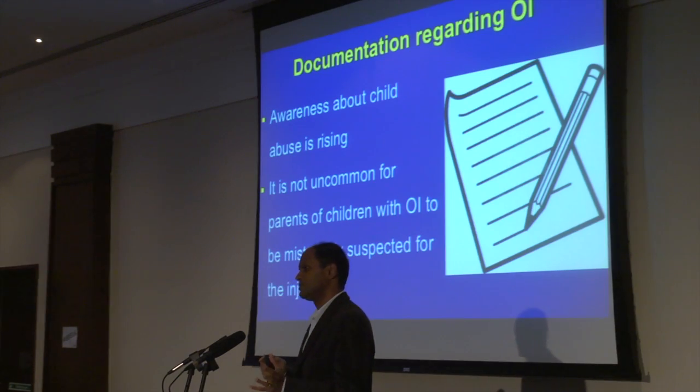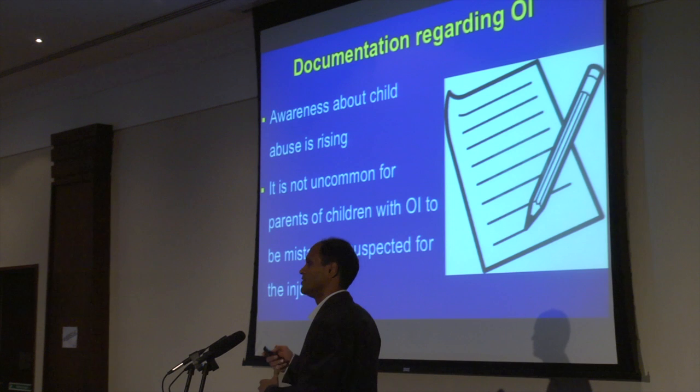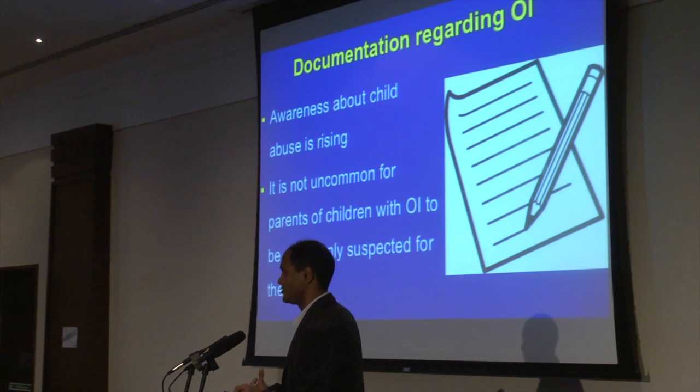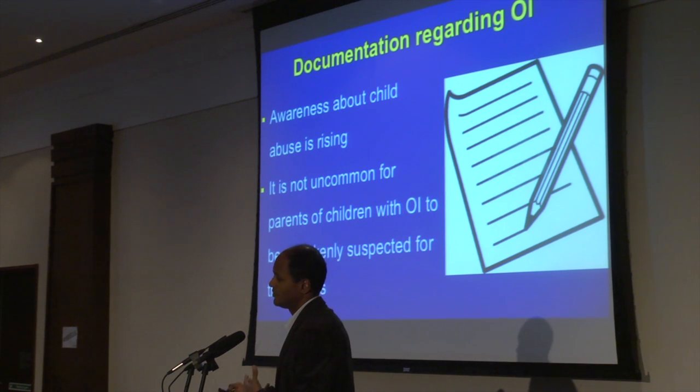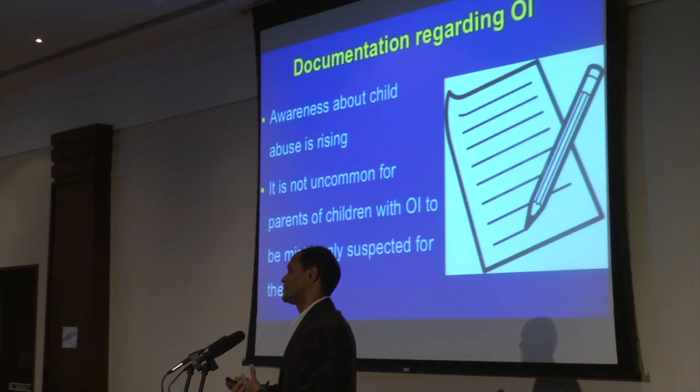It is important to have documentation with you which confirms the diagnosis of brittle bone disease. This is very helpful, as there is increased awareness about child abuse, and with any fracture which is unexplained, there is always a child protection procedure which starts.